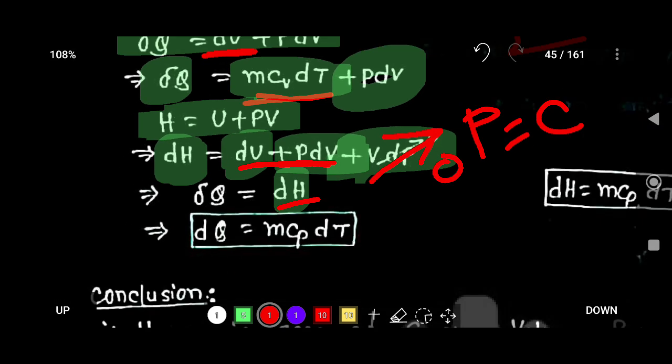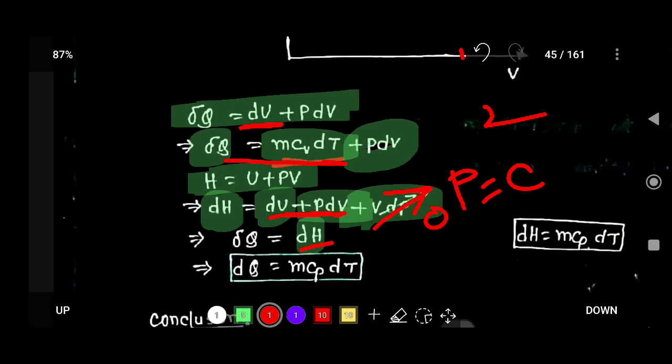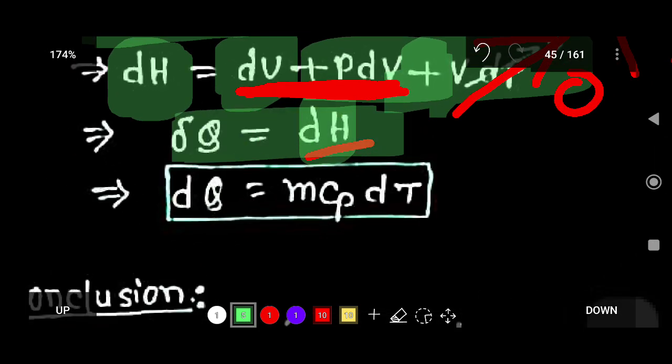So you can say that del q is equal to dh.